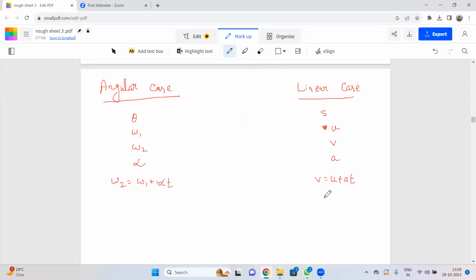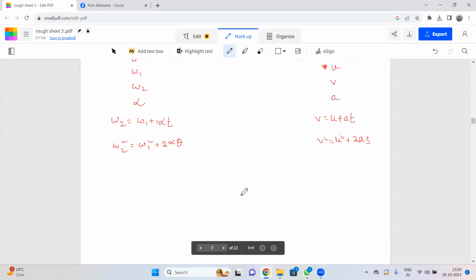Similar kind of relation: v squared equals u squared plus 2as. Here also omega 2 squared equals omega 1 squared plus 2 alpha theta. The remaining two equations we can also write in the same way.